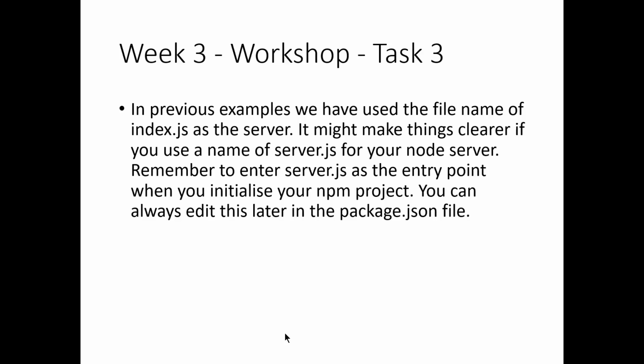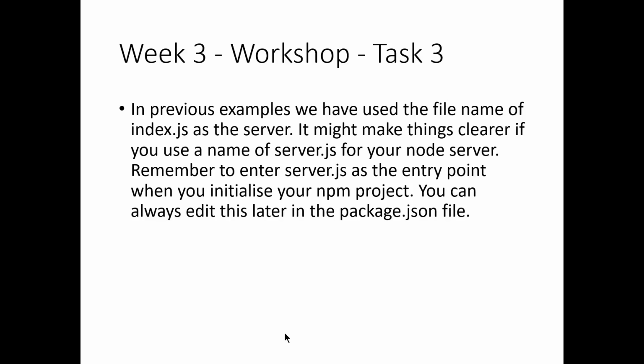In previous examples, we've been using a file name of index.js as the server. It might make things clearer if we use a name of server.js for our node server. But just remember to enter this server.js as the entry point when you initialize your npm project. When you do npm init and it goes through and asks you a list of questions, one of those will be your entry point.